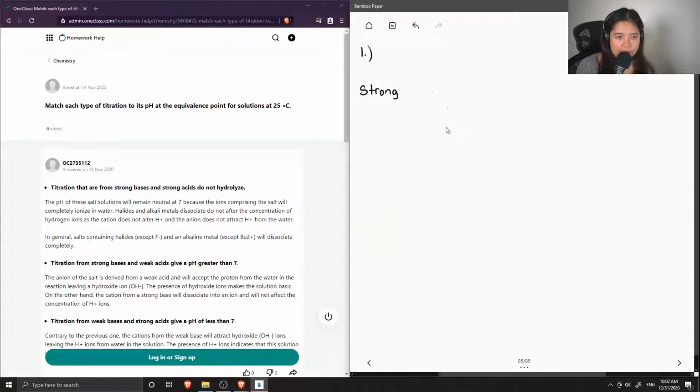You could have a strong acid and a strong base titration. And its pH at the equivalence point is neutral, that's around 7.